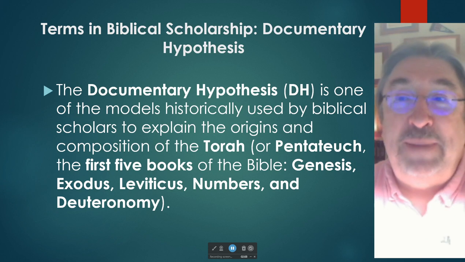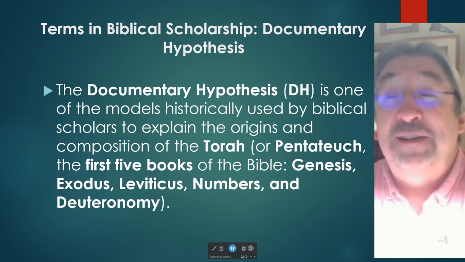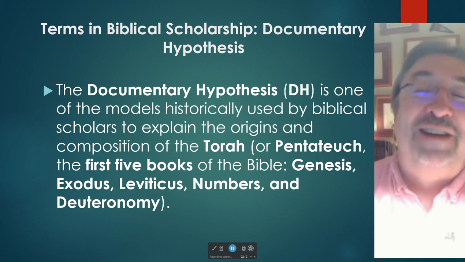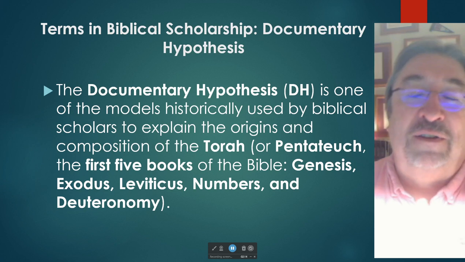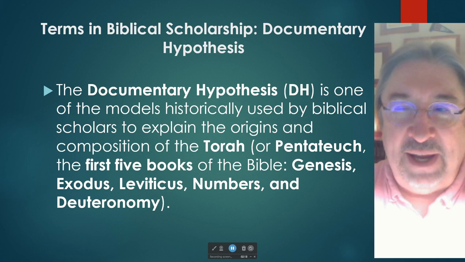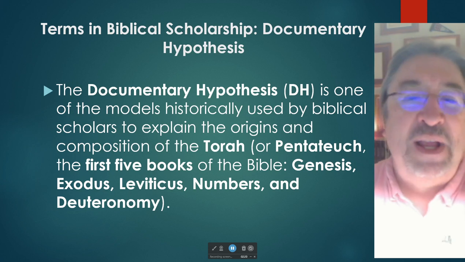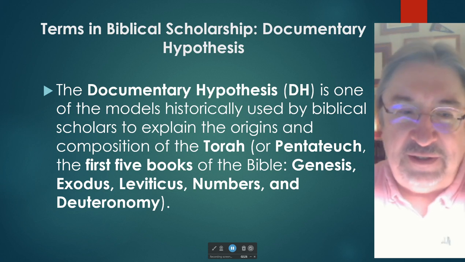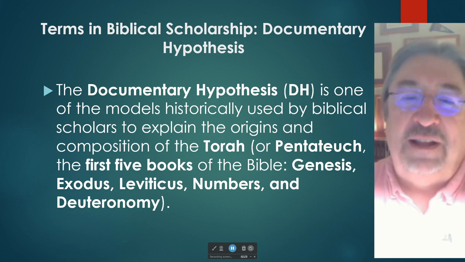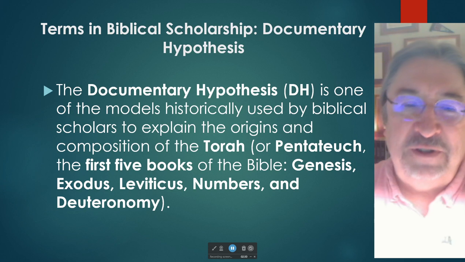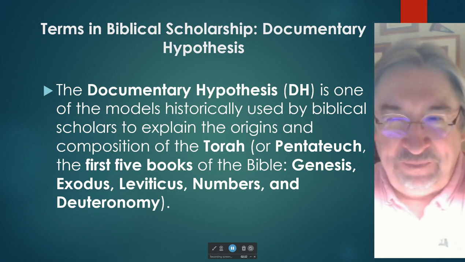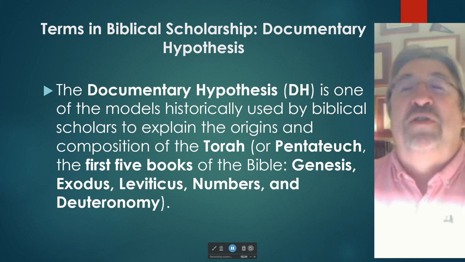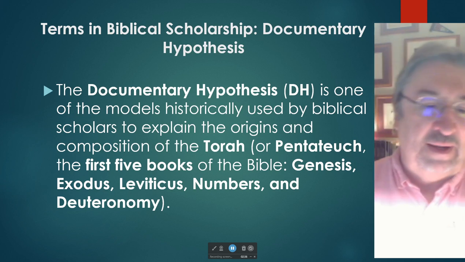It's also called the Pentateuch. Okay, Penta means 5. So the Torah is the Hebrew term. Pentateuch is the Greek term, but we're talking about the first 5 books of the Old Testament: the books of Genesis, Exodus, Leviticus, Numbers, and Deuteronomy. Those 5 books.